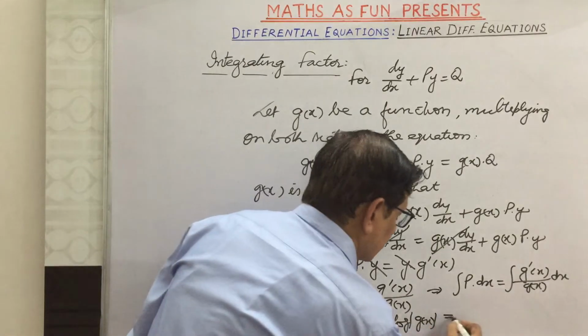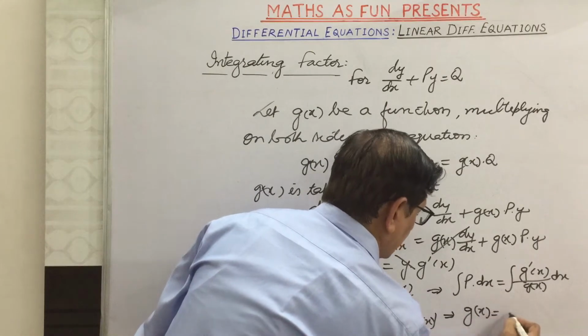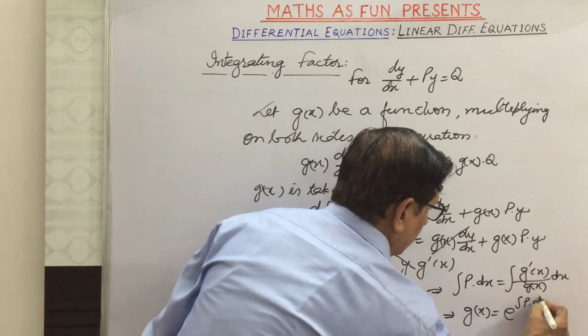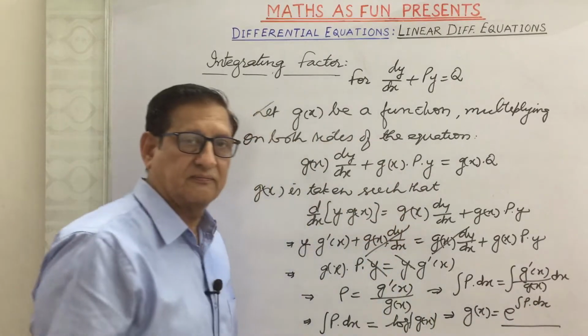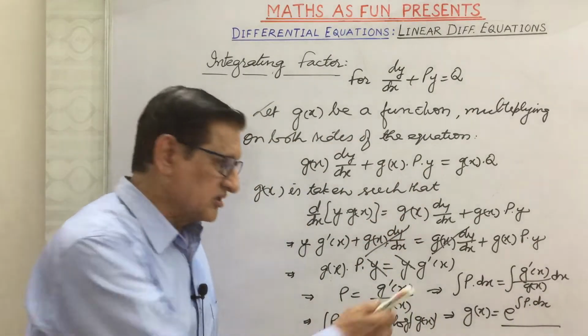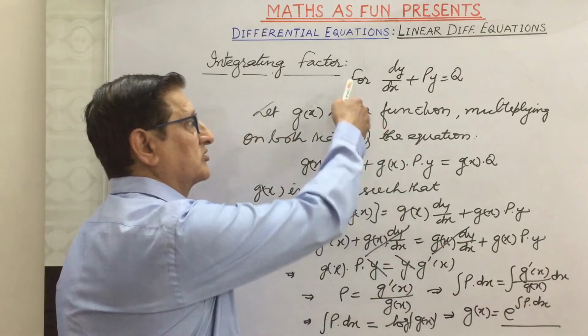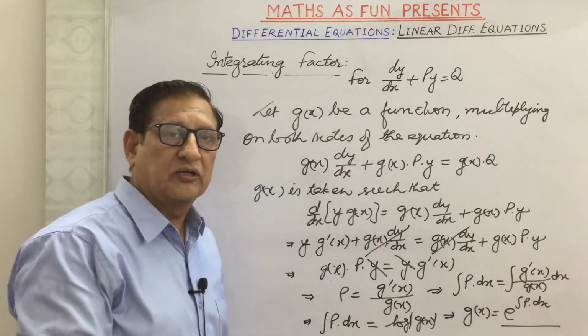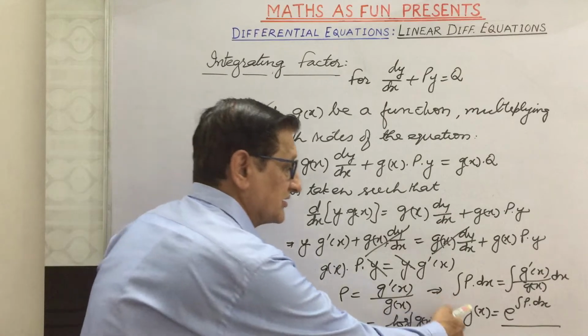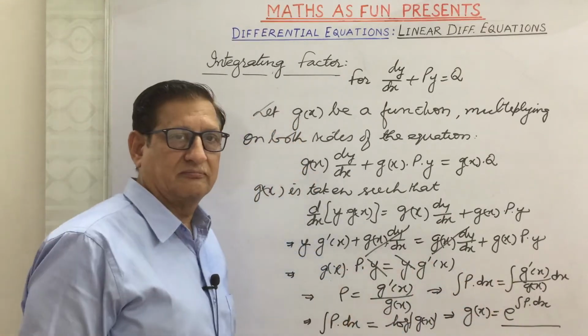And hence we can say that gx is equal to e power integral of p into dx. So this is the function which we have to multiply to the equation to find out the solution, which is known as the integrating factor.